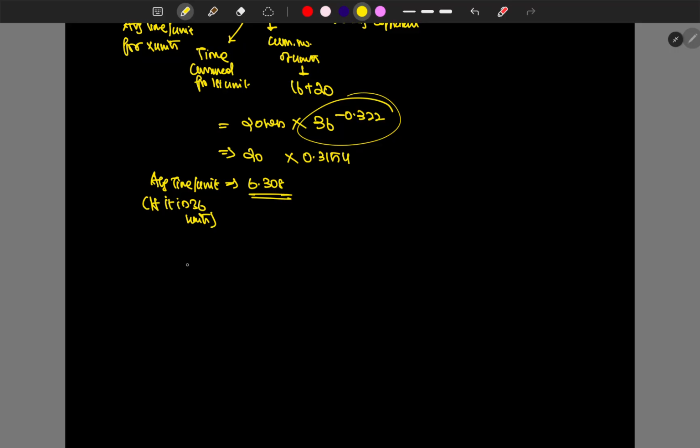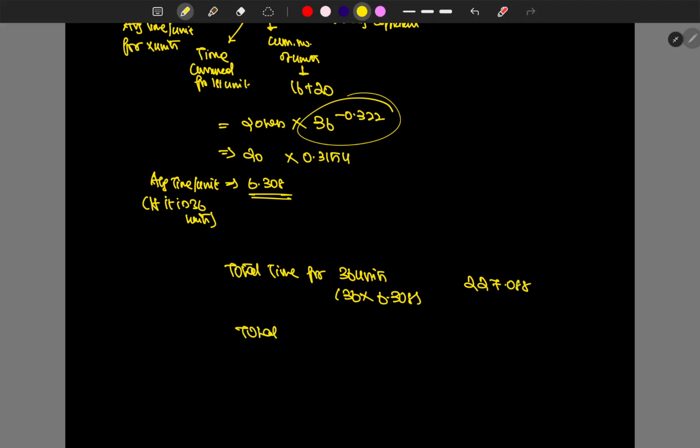Now let's prepare the table. Total time for 36 units is 36 into 6.308, which is 227.088.